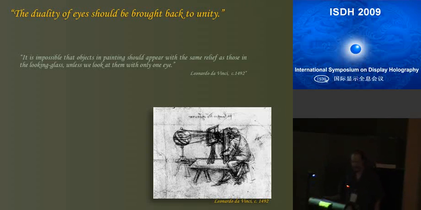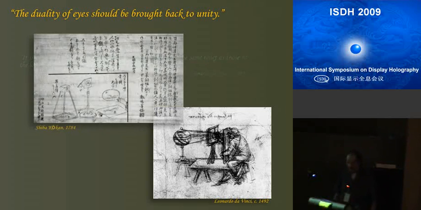Leonardo da Vinci talks about it also, saying that we can't do a painting or an image like a mirror since we have to see it only from one point of view. And in fact, what most people know now is that we look at those images from any point of view, we take them in our hands and we look at them. In those days, they were watching perspective drawings with a viewer.